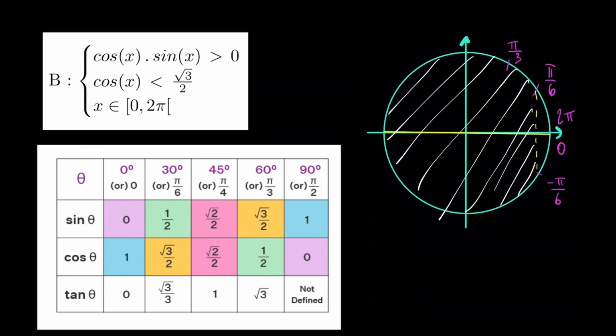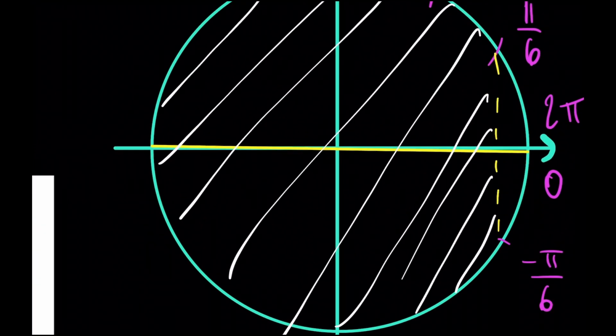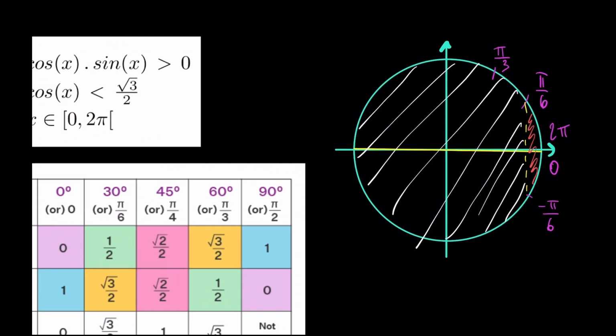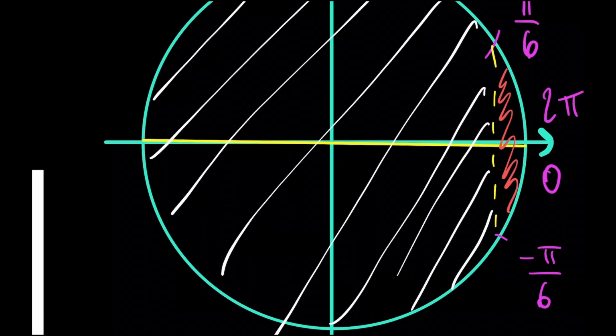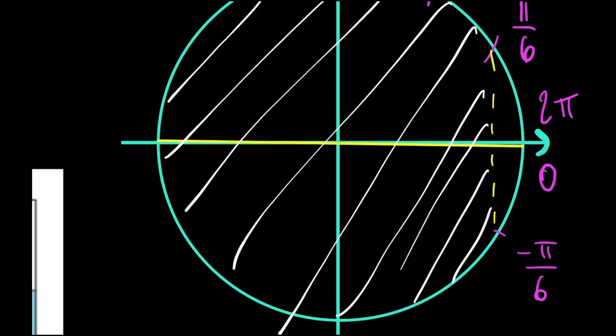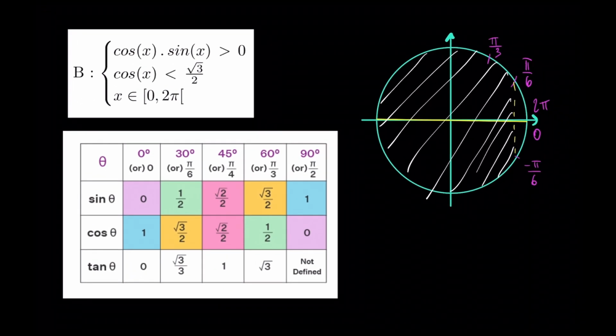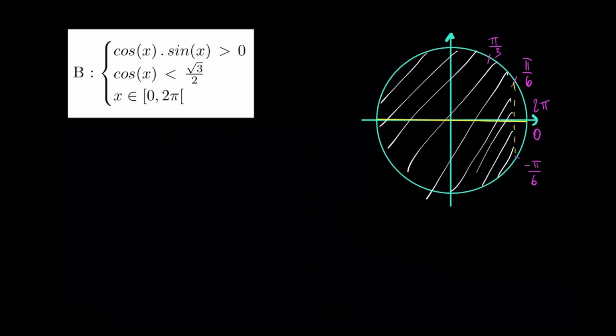So the white zone answers this inequation. But we don't include this little part because it's not in our interval, and neither are those values. The pi over 6 is not included. All right, so we have this zone.